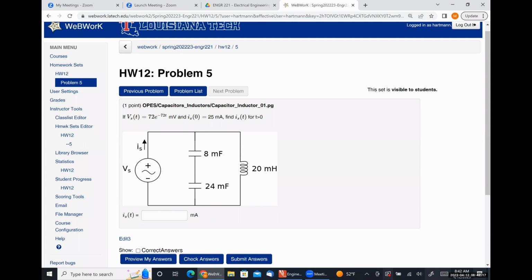Homework 12, problem 5. I really like this one too. So when I redraw it here in a moment, we can see that we have two capacitors in series. I'm just going to replace them with a single equivalent capacitance so that our life is ever so slightly easier.